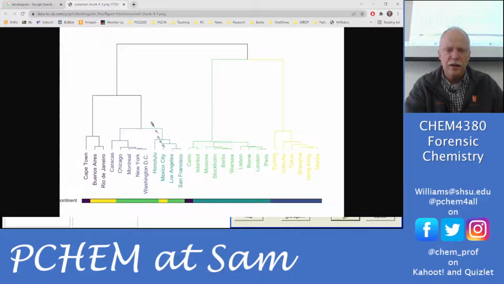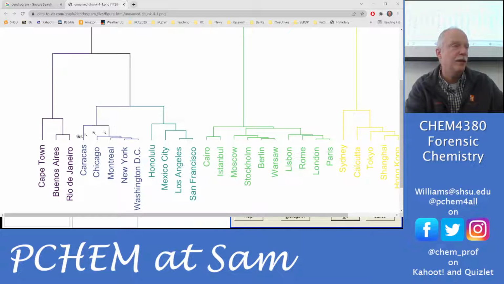And so you can see that they're grouped. And then this large piece here is saying there's a large distance between this group and this group. And since that's such a large distance, I know these two groups are distinct from each other.